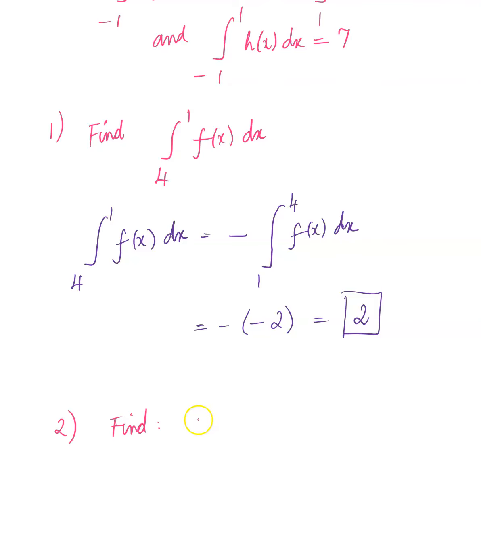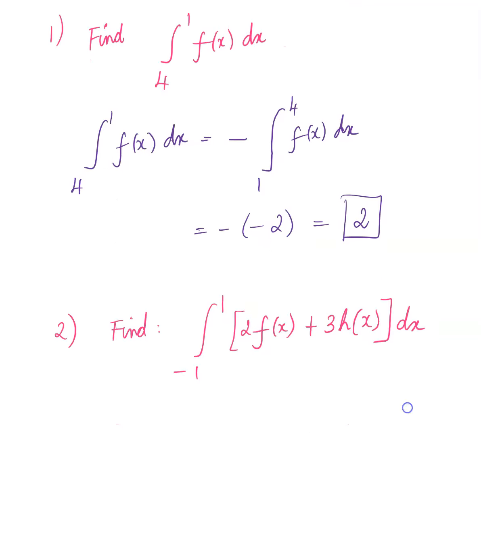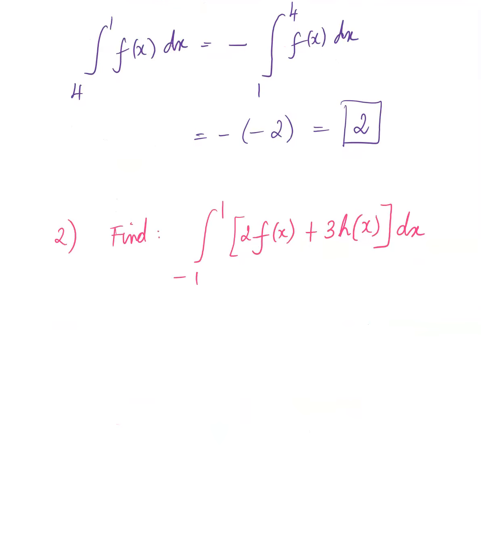Find integral negative 1 to 2 times f of x plus 3 times h of x. Cool. So we know that we could split this into individual integrals.